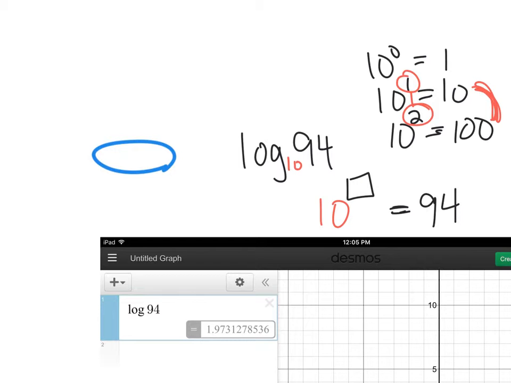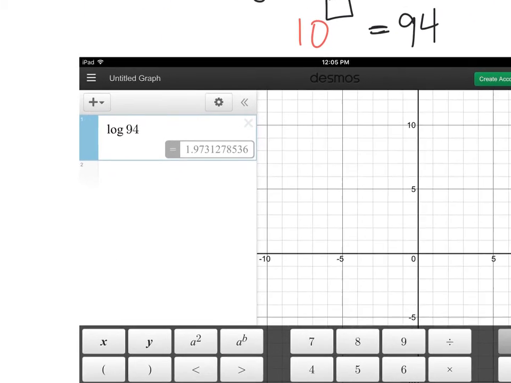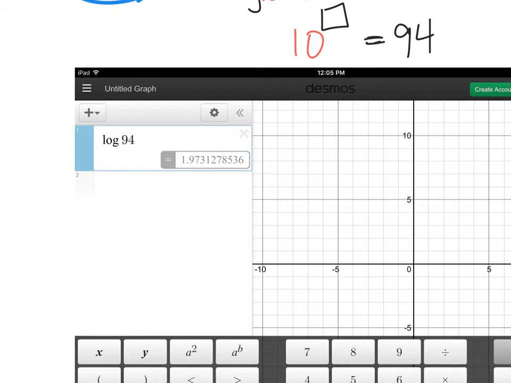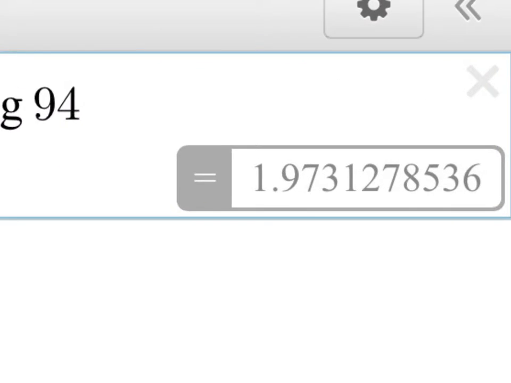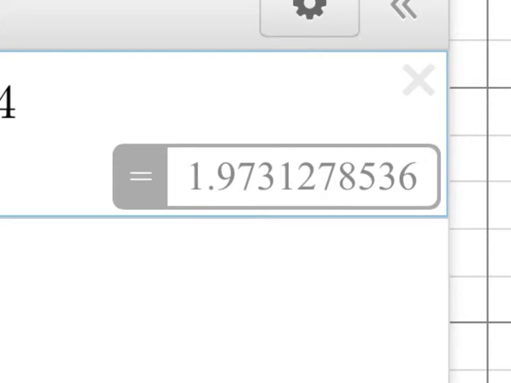Well, when you type it into Desmos, log of 94, sure enough, our answer is 1.97312, and so on, and it says round to 4 decimal places. So when we round to 4 decimal places, 1, 2, 3, 4, here are our 4 decimal places.